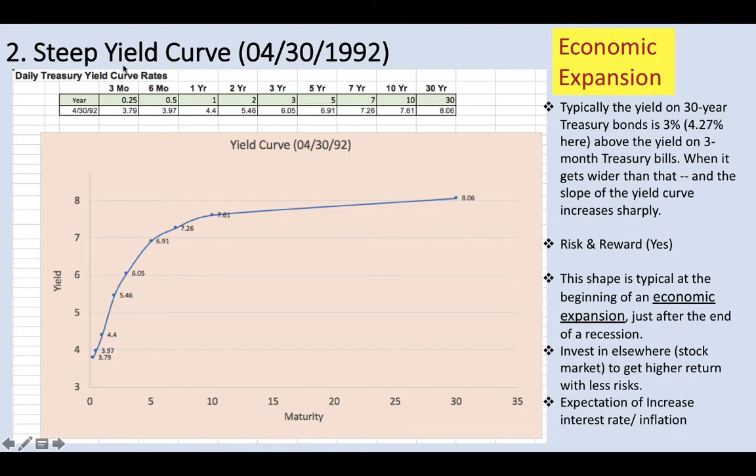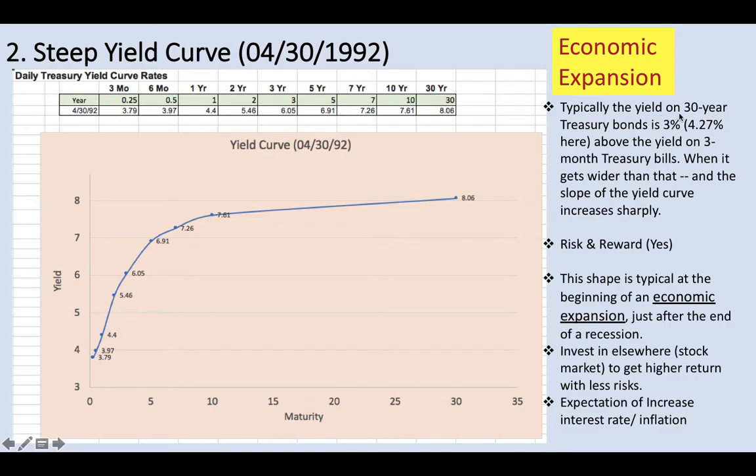Now the steep yield curve. This one is from the year 1992, and it usually indicates economic expansion. The curve you can see here, the slope is very sharp, steep.